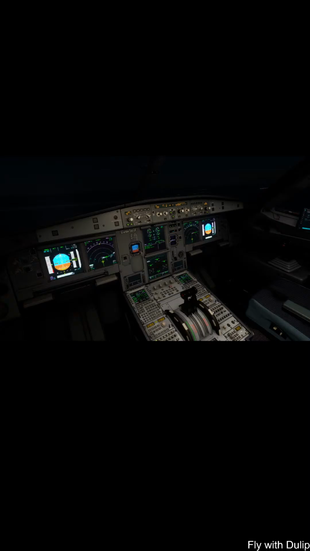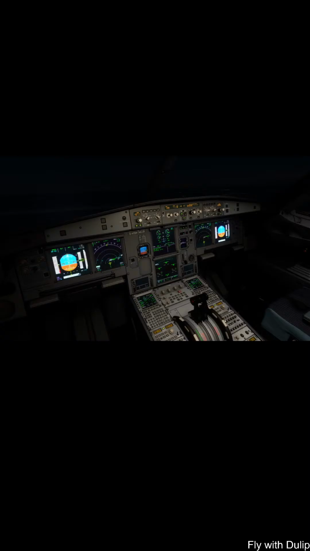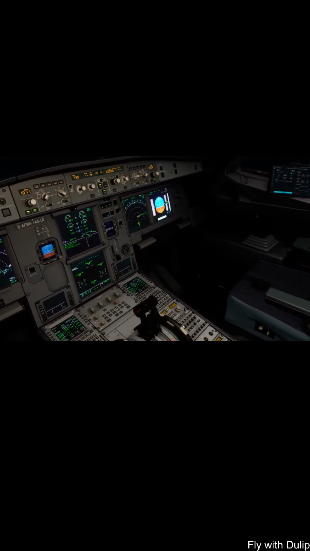Right now we are preparing for the landing, and this is the final stage of today's flight, and everything is ready for now. 2003, 4, 5. Okay, we have the ILS fed in. Seat belts, ground spoilers armed.